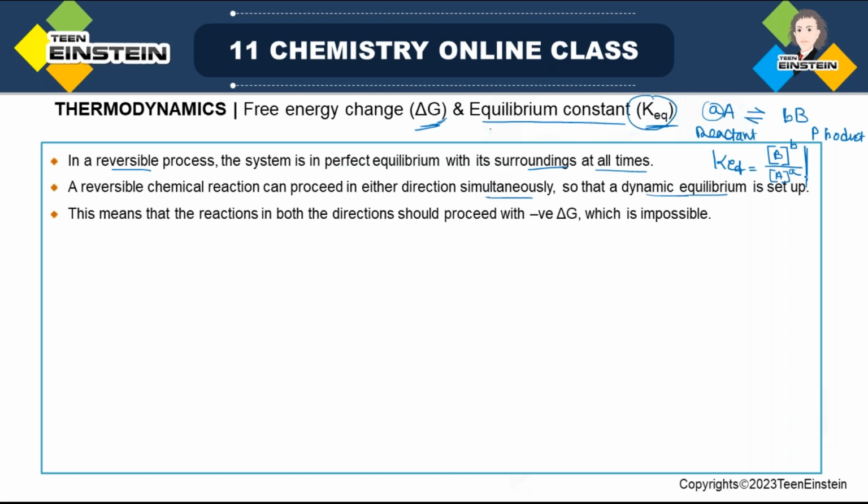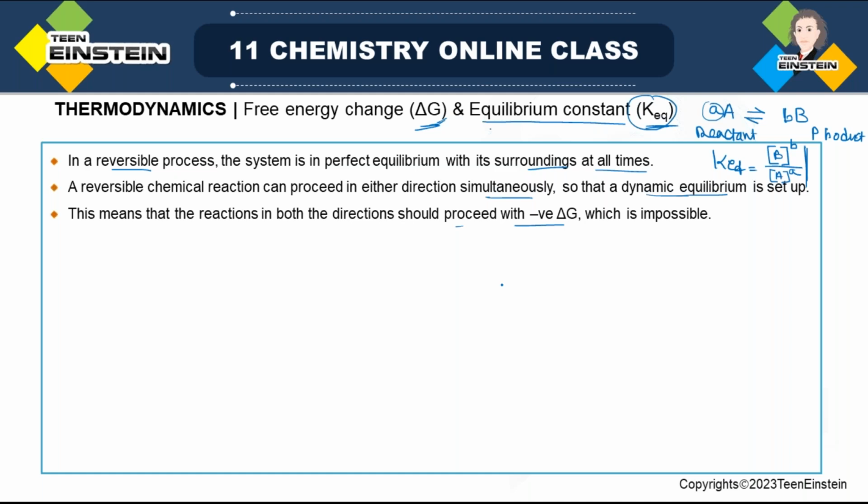So if this is so, this means that the reaction in both directions should proceed with negative del G, because we know when there is a spontaneous movement, it involves a negative change in Gibbs free energy.